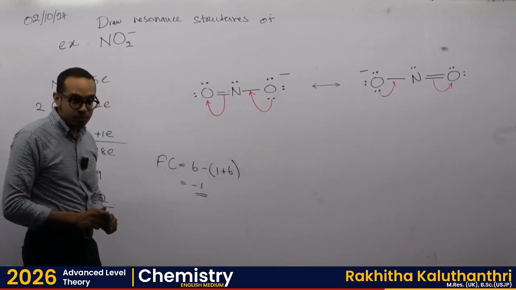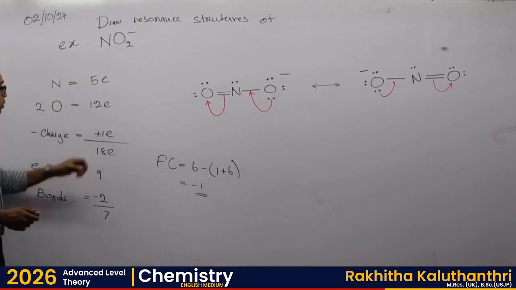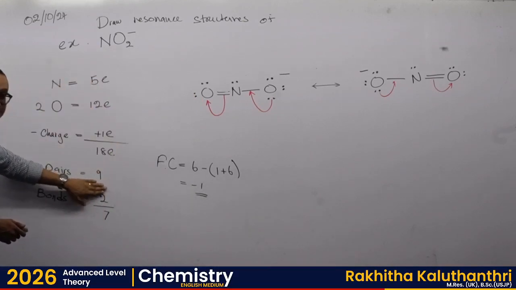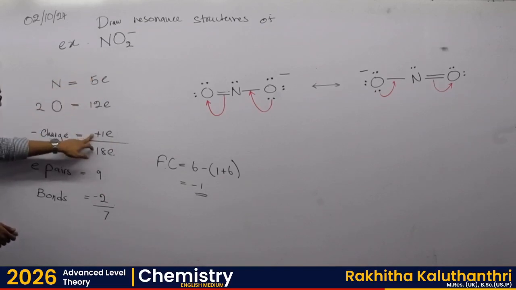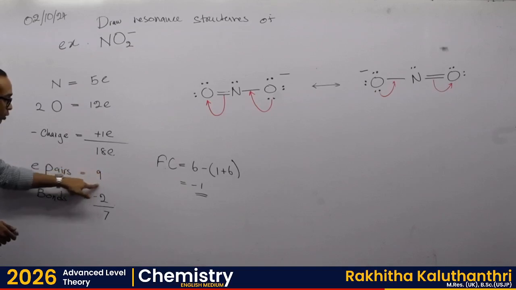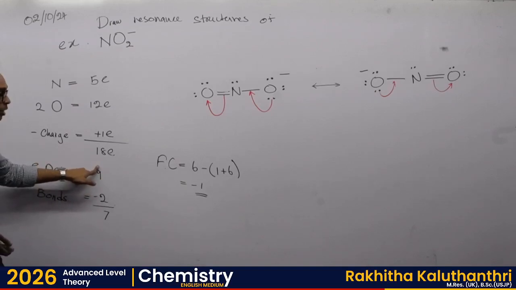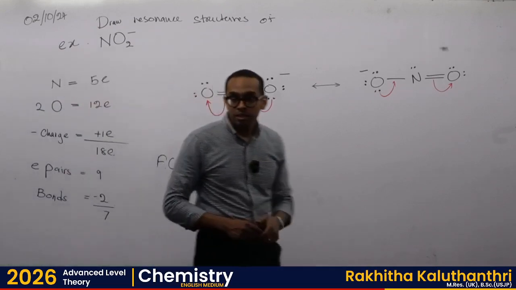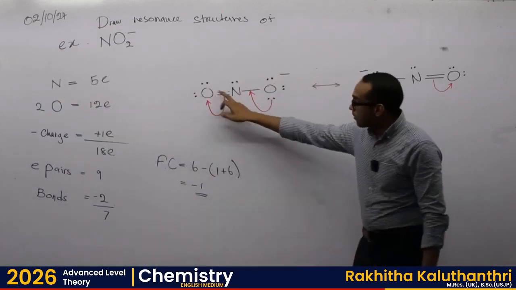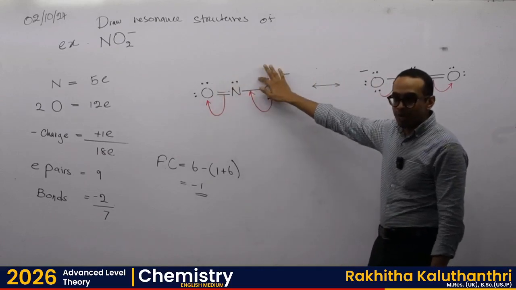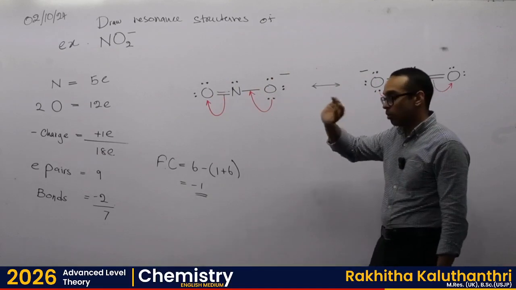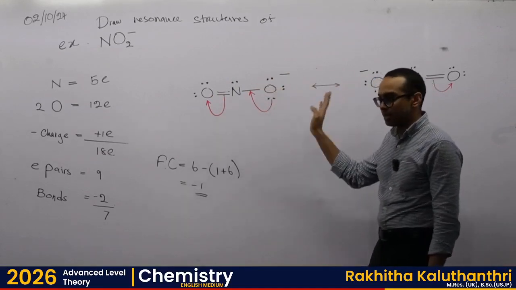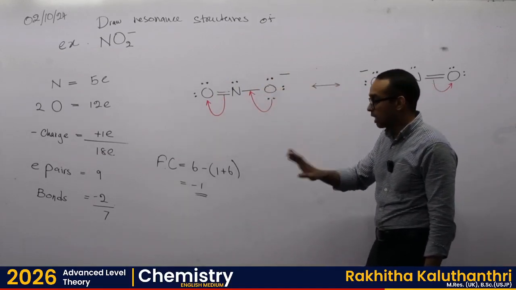Is that clear? Because no matter what we do, the total electron pairs come from the valence electron number of each element and then the charges that are there. So the total electron pair number can never change when you're talking about different types of Lewis structures. Now for example, here we have the same number of lone pairs on both sides, but there are certain structures where the lone pairs can change, bond pairs can change, but the total number of electron pairs never changes.